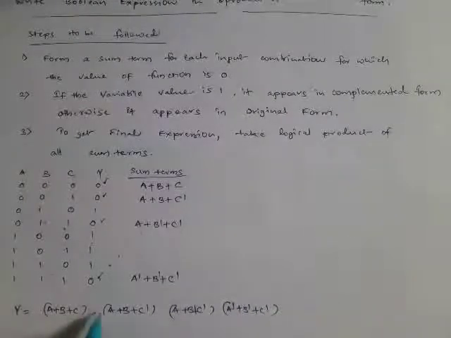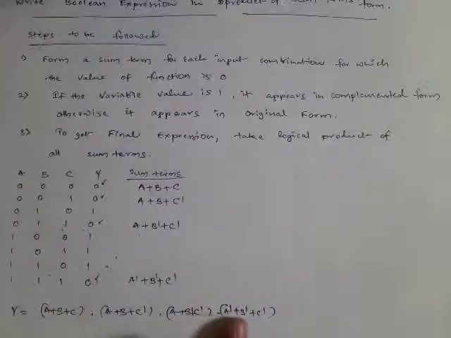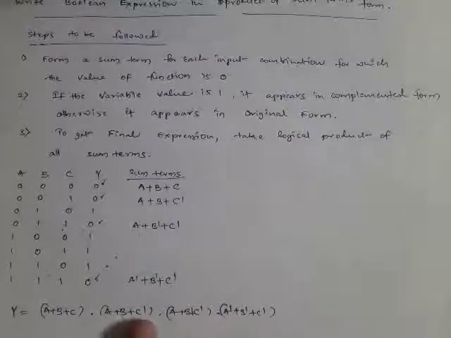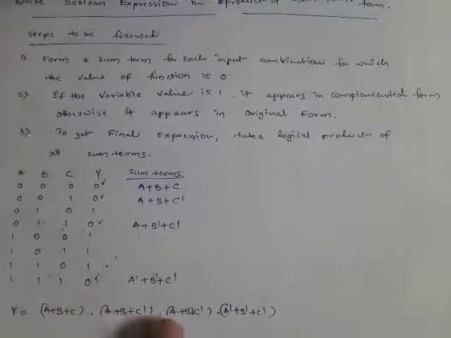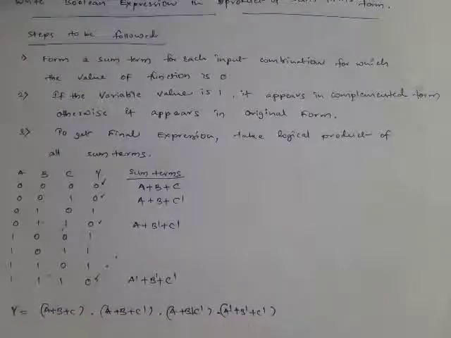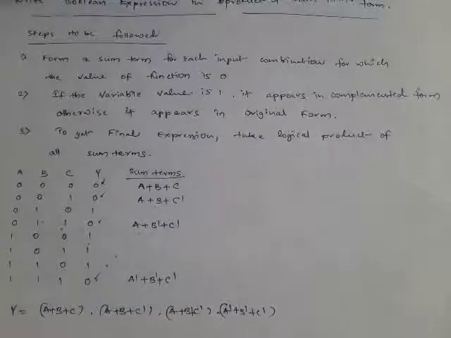By this we get the Boolean expression for the function from the truth table as a product of sum terms. So this is how we can write a Boolean expression from a given truth table, either in sum of products form or product of sums form.